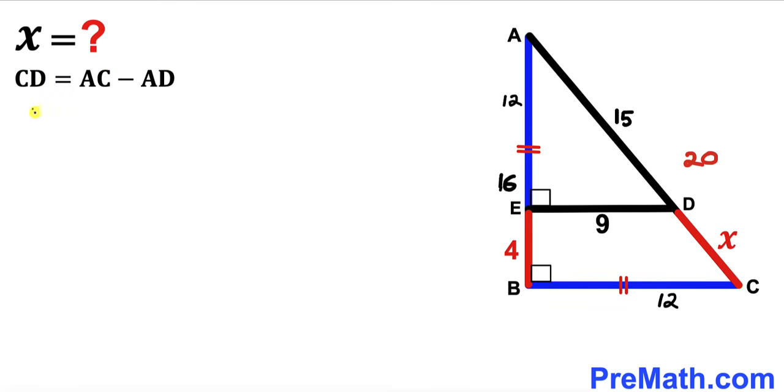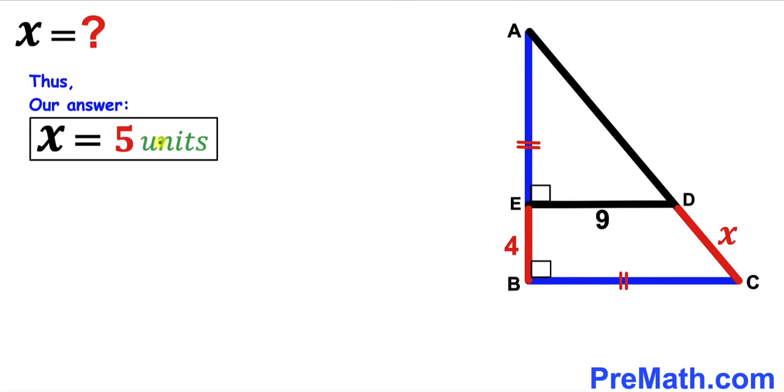So we can write x equals 20 minus 15. Thus our x value simply turns out to be 5 units. And that's our final answer.